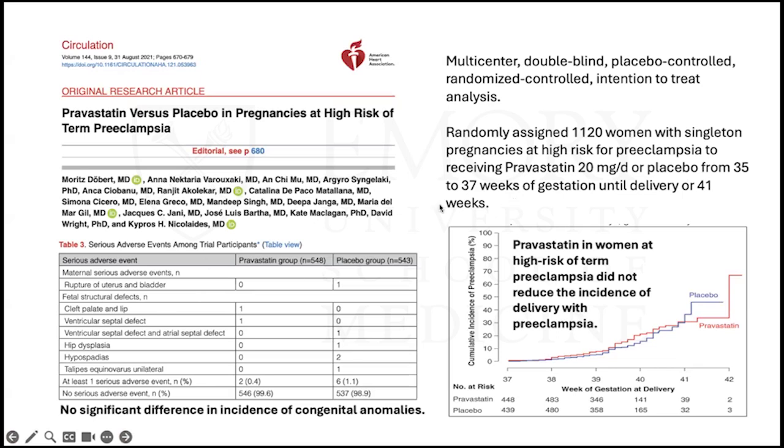I think that might be why there was no difference in the incidence of congenital anomalies when they were looking at the statin versus placebo group. However, unfortunately, they didn't get to see the favorable effect of statins in preventing preeclampsia, which is a major cause of maternal mortality.